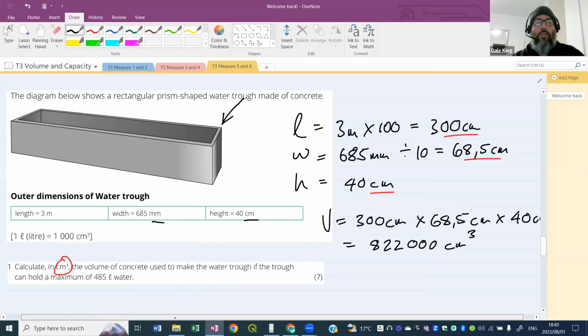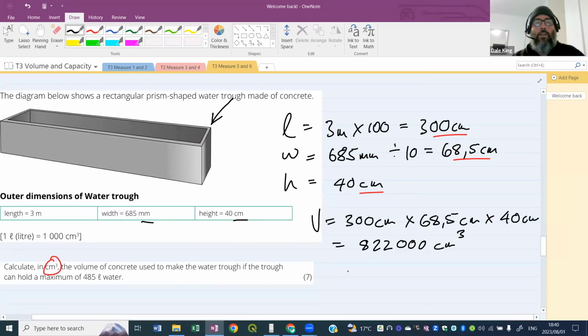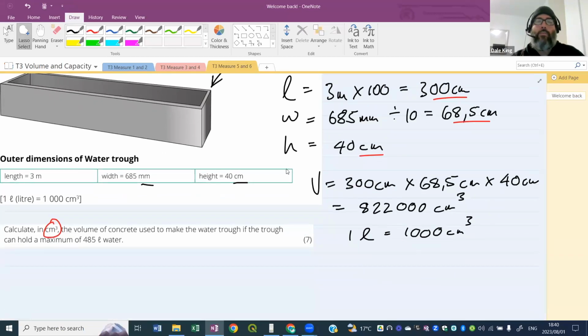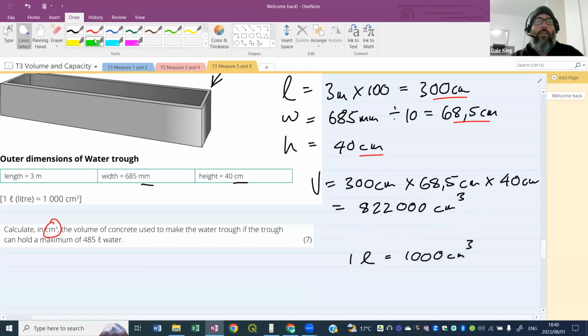So 1 liter is equal to 1,000 centimeters cubed, and we need 822,000 over here.